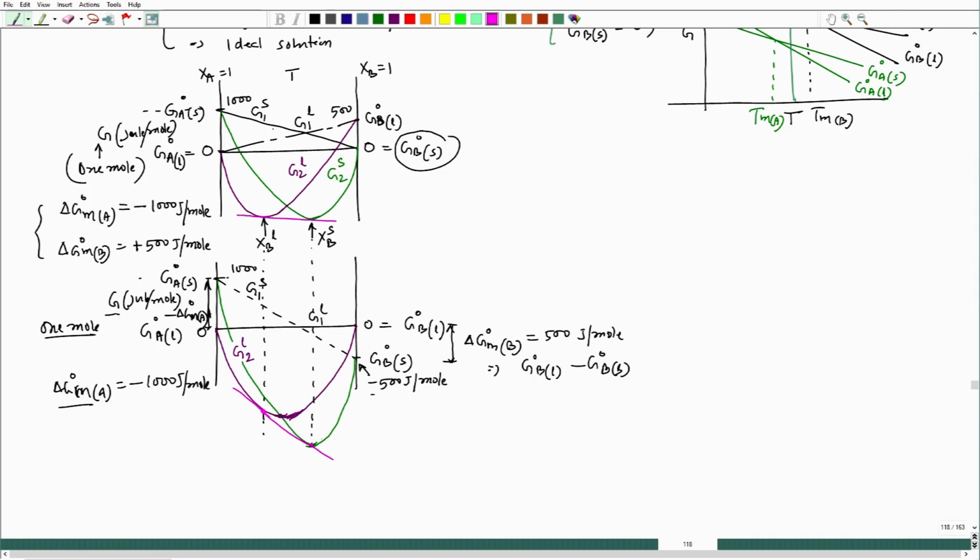Okay. So, common tangent is passing through these 2 points, fine. So, this is the point, let me just put it in a different color. So, this point and this point. So, this is still x b solid and this is x b liquid.